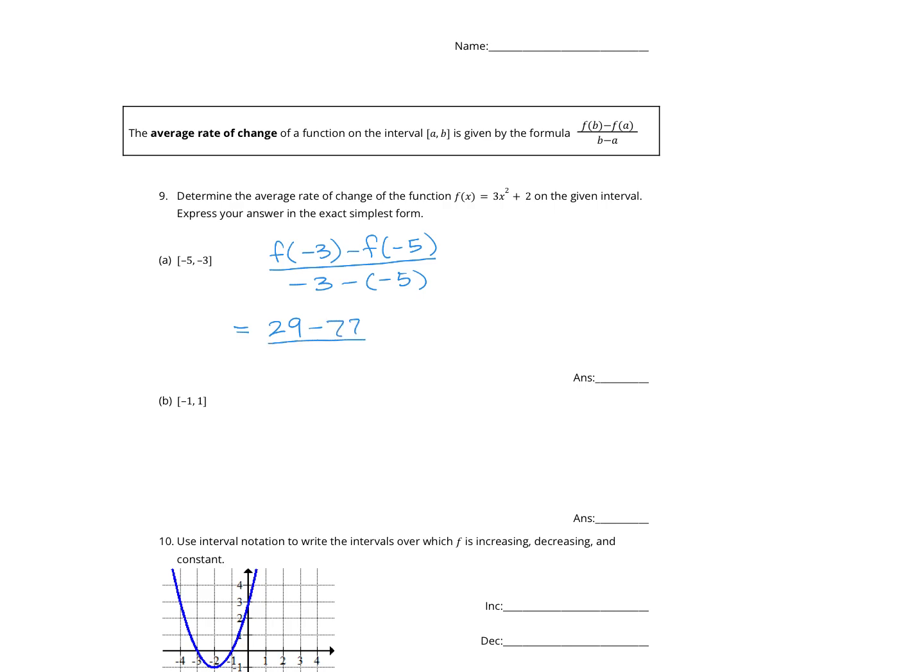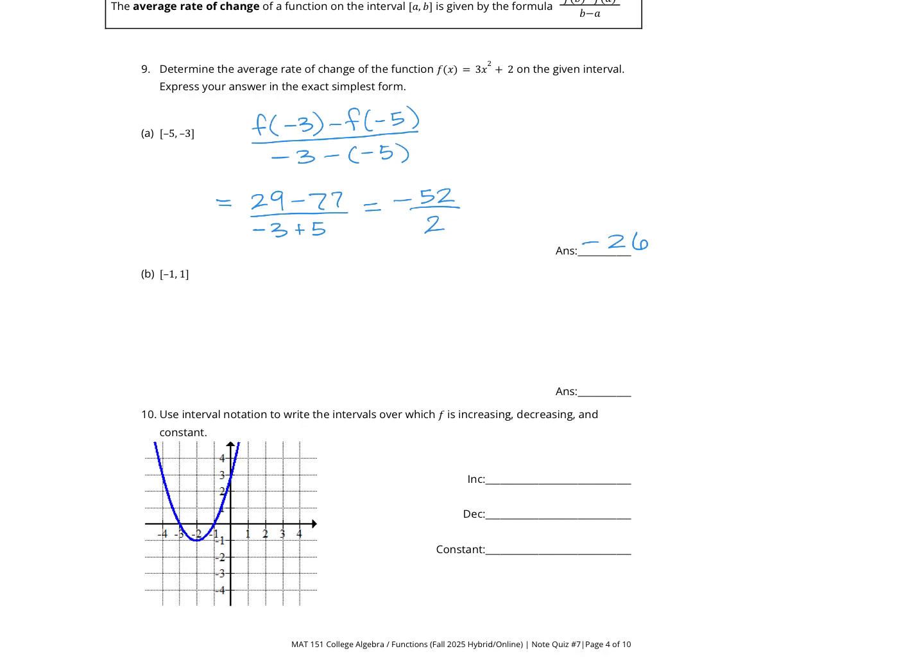And then down below, we've got negative 3 plus 5 when you have the minus of a negative. We now take a look at what 29 minus 77 is. And 29 minus 77 is negative 48... divide that by our denominator, which is just a 2, and we end up with negative 26 for that average rate of change. So the slope of the line segment between those 2 points would be negative 26.